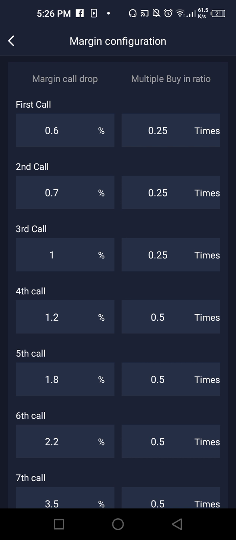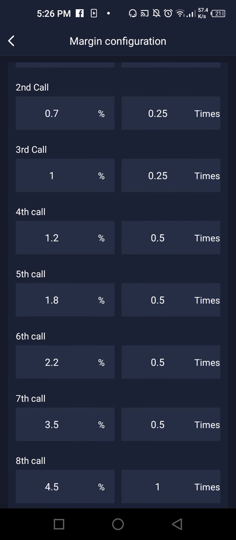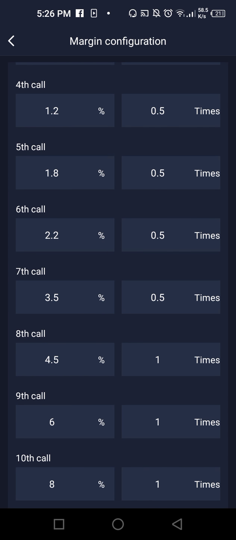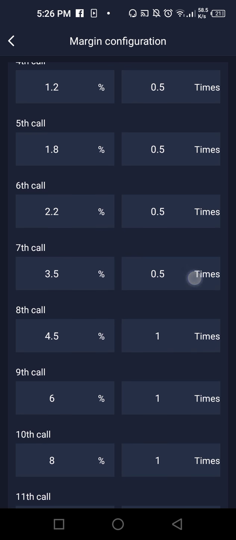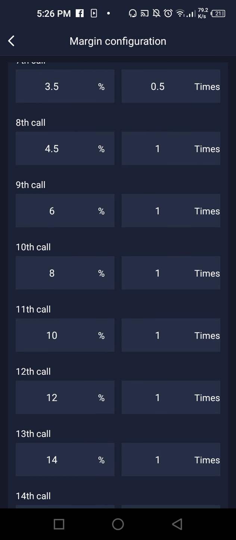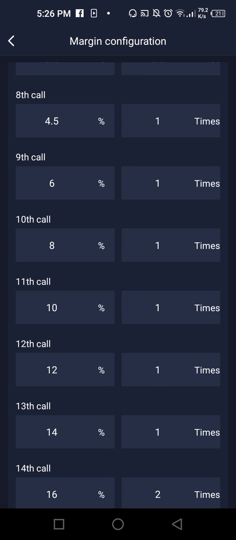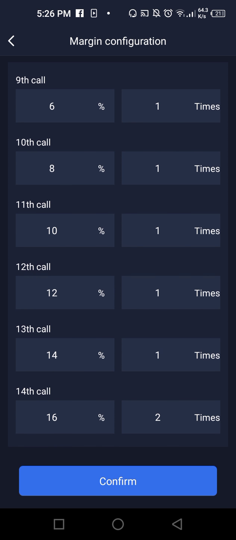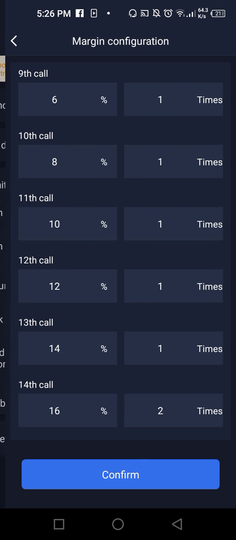Once your total asset value is down by these percentages, you're instructing the bot, please do this. At first it will be buying 0.5 up to the seventh call, and then by this setting here it starts buying 1 from the eighth call, meaning my total asset has dipped by 4.5. All right, so currently this is the setting that you have here.